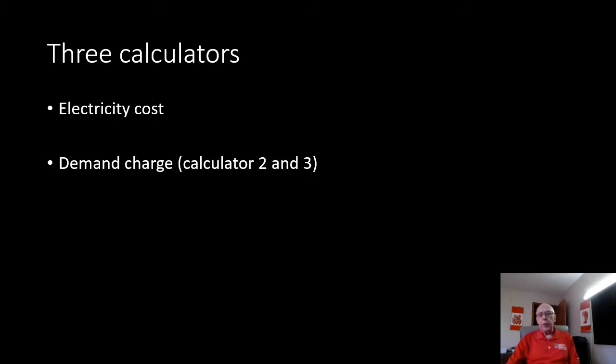The second and third calculator also calculate the demand charge that is associated with your lighting system. And that demand charge is really important because that can be just as much as the cost of your actual electricity. But demand charge is often overlooked because it is not always very obvious how this is actually calculated. And there is a separate video where we explain this concept in more detail.